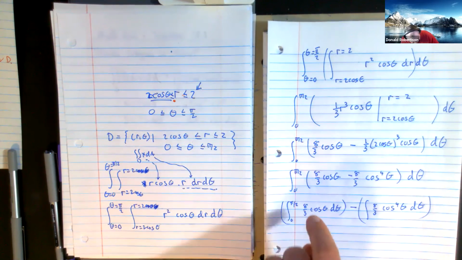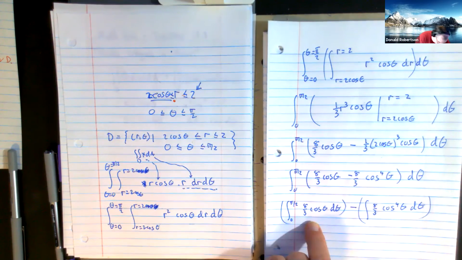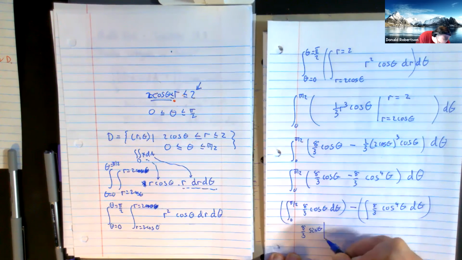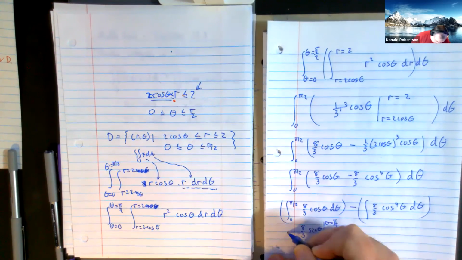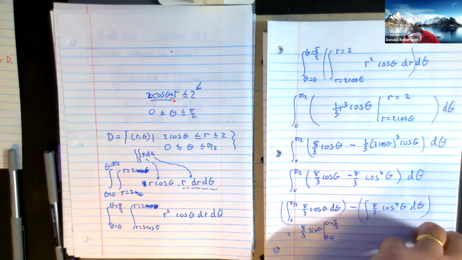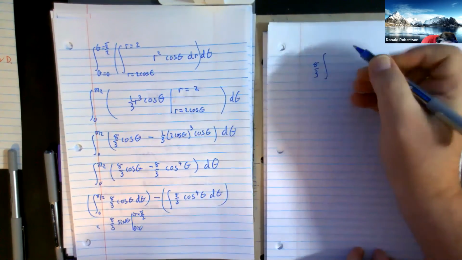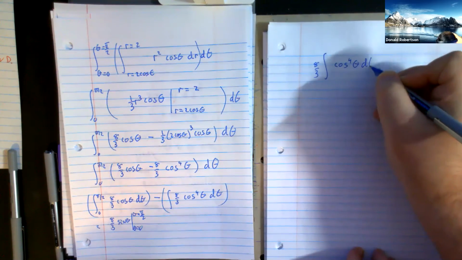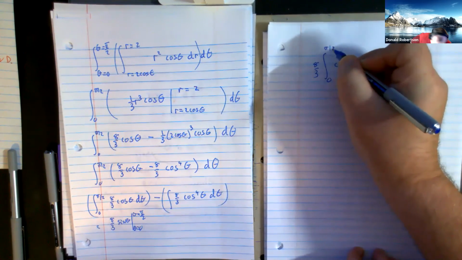I'm just taking this guy and separating it from this one and subtracting them. And this I can do. This fella, I need to do on its own. I'll pull out the 8/3 because it's an ugly fraction, and just focus on how you would integrate that guy, in this case from 0 to pi upon 2.